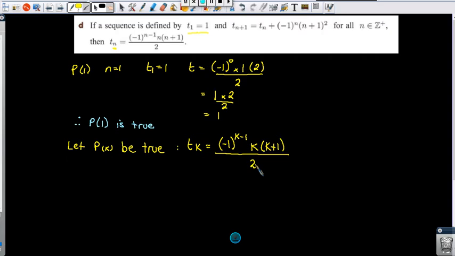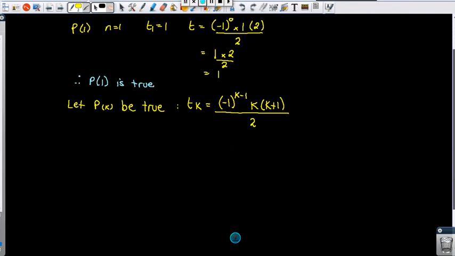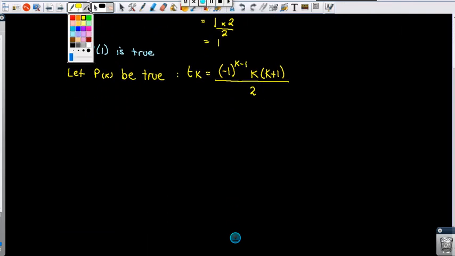And this is the step that the book does not do, but I strongly recommend that you do it. We say we want to prove P(k plus 1) is true. So what are we trying to prove?